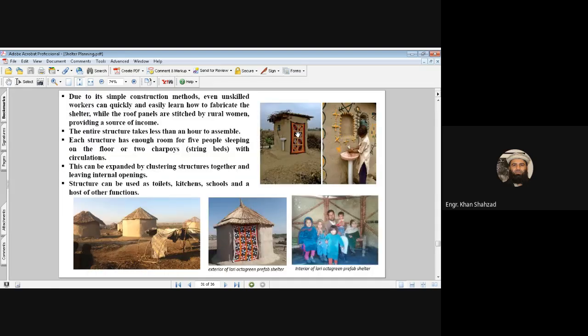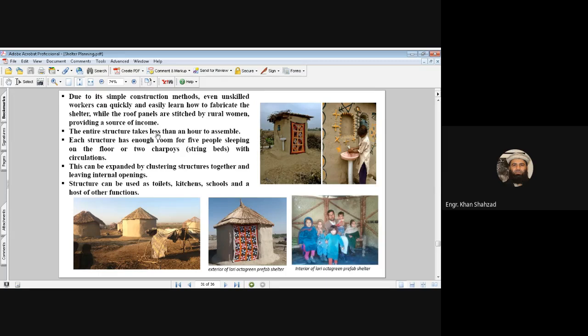So this Yasmin Lari, she has done a wonderful job. Due to its simple construction methods, even unskilled workers can quickly and easily learn how to fabricate the shelter, while the roof panels are stitched by rural women, providing a source of income. These things can be made by the women to provide them some income source.